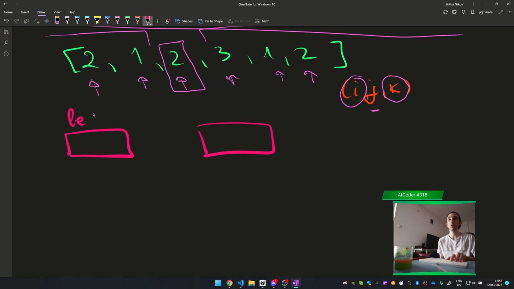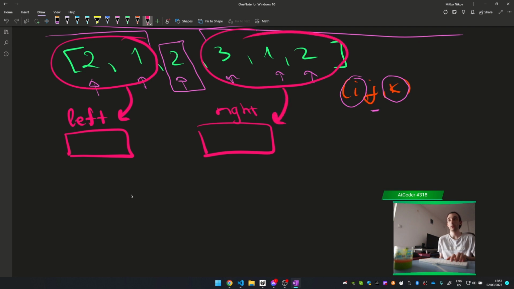Usually you have a left data structure and a right data structure, and all of these elements are in my left data structure, all of these elements are in my right data structure. And when I move by one, so when I move this element over here, I delete this from the right data structure and I add this to the left data structure. And now the left data structure comes like this and the right data structure comes like this. And then you query in these two data structures some interesting idea, maybe something from the one data structure times something from the other data structure, then you sum up something like that.